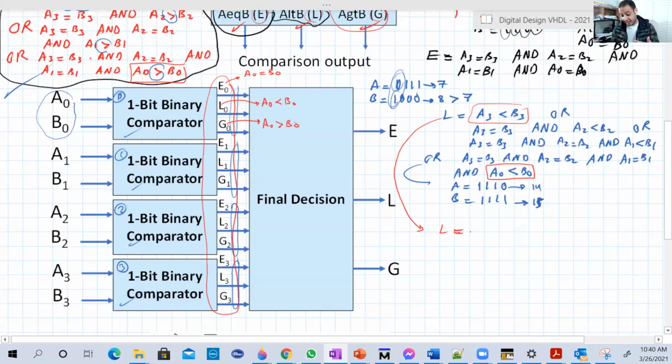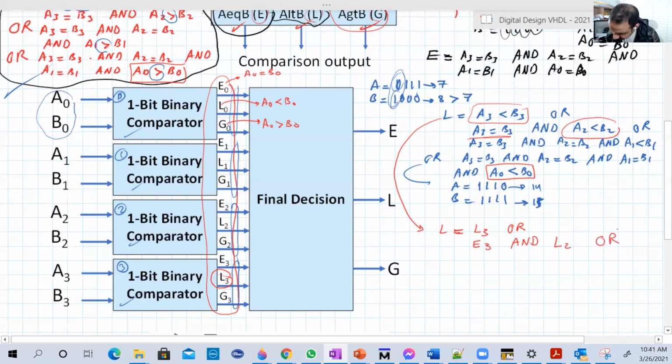L will be 1 if A3 is less than B3, which is basically L3, this one. Or A3 equal to B3, which is basically E3. And A2 less than B2, L2.